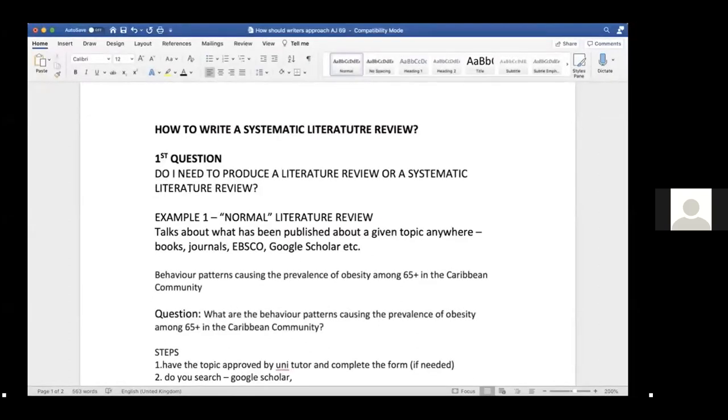I will attach a website with a list of academic databases that you can go onto and choose. You can search different databases.